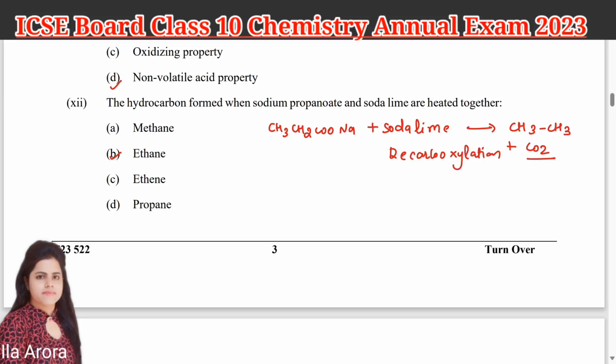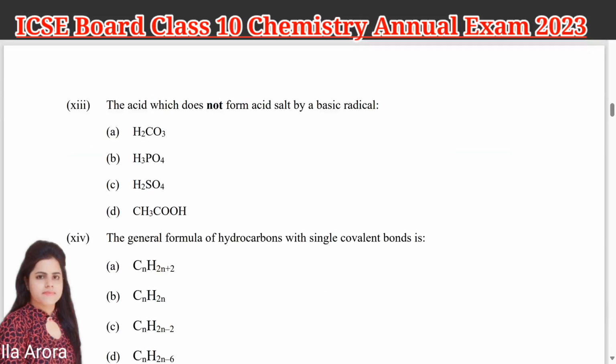Next is question number 13. The acid which does not form acid salt by a basic radical. Acid salts are formed by, see, if you have strong acid plus weak base, then you will get acidic salt. This is the concept. So if you see here, the weakest acid is CH3COOH, that is acetic acid.